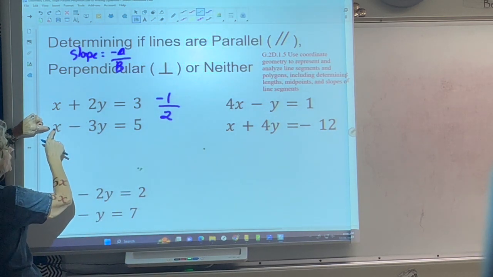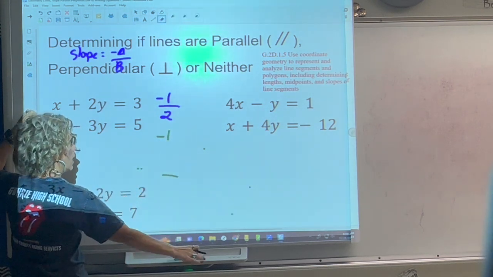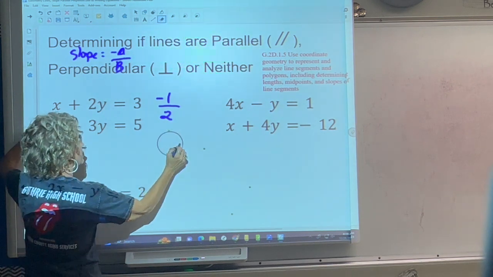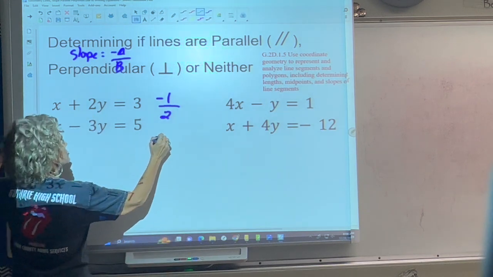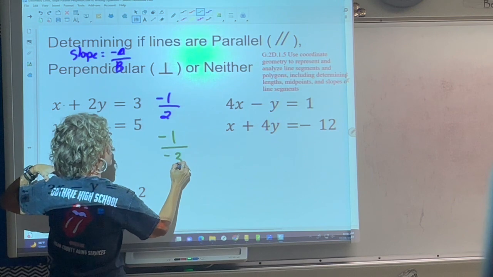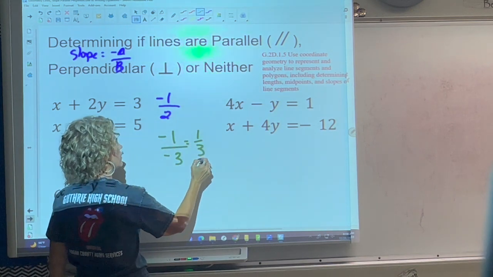A is 1. The opposite of 1 is a -1 over exactly what B is. B is a negative, oops, I'm putting the flies in here. So I got a -1, which is A, over exactly what B is, which is a -3. A negative over a negative make for a positive, so I get a +1/3.